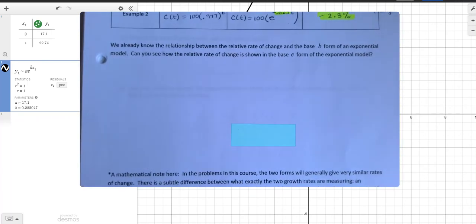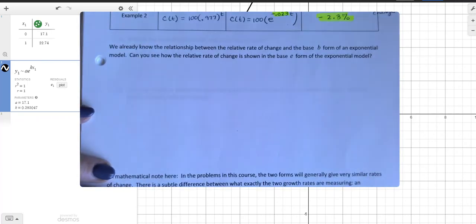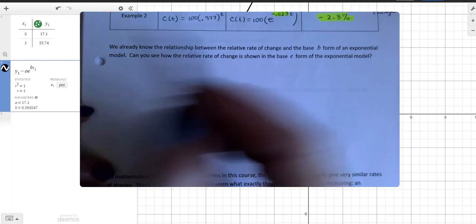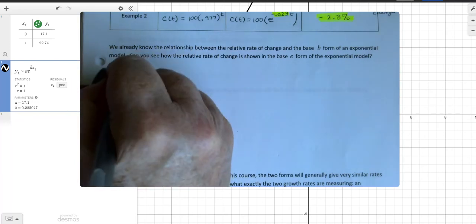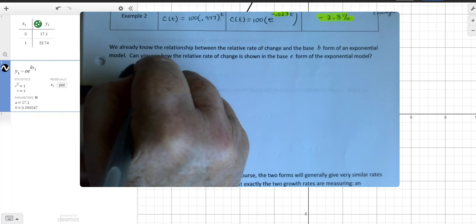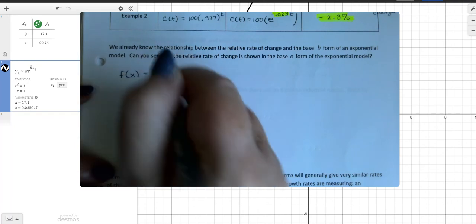All right, let's make that a bit formal by talking a little bit down here. We already know the relationship between the relative rate of change and the base b from the exponential model f of x equals a b to the x.